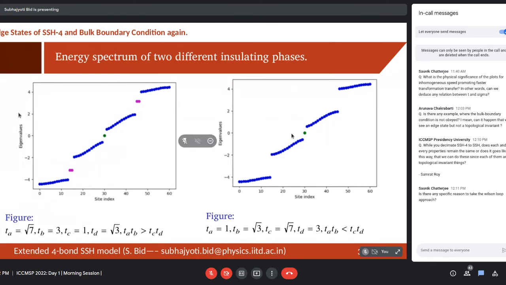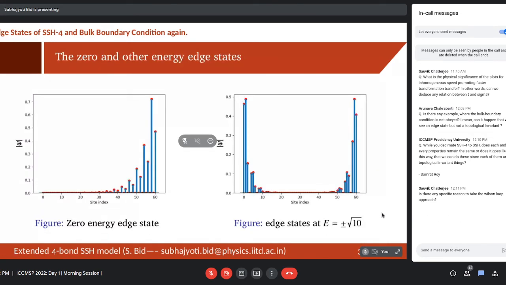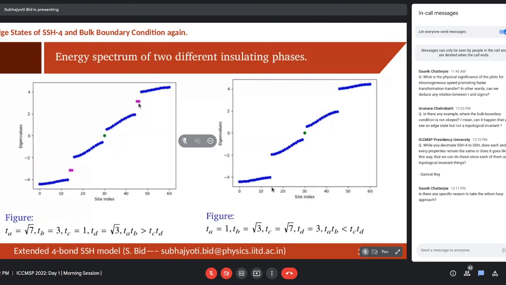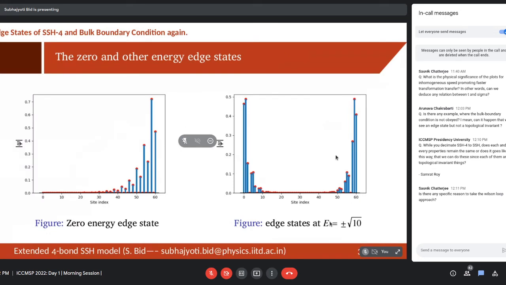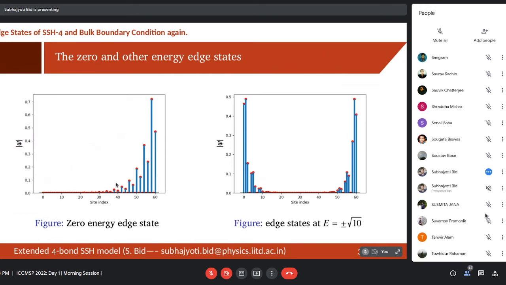E equal to 0 is eliminated from both sides of that discrete Schrodinger equation, because already in Maria Maffei's paper it was done with zero energy, so I don't consider the zero energy once again. And these are the two plots basically. If I plot the eigenvector corresponding to this eigenvalue, it looks like this, and the zero energy eigenvalue looks like this. This is also a kind of edge state.